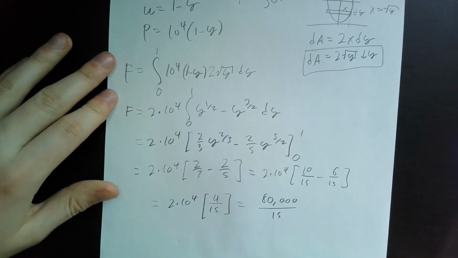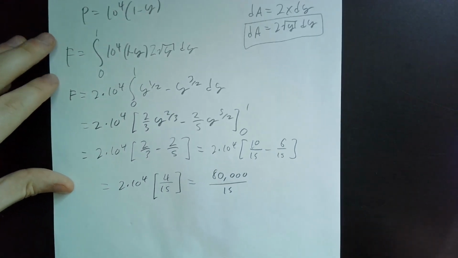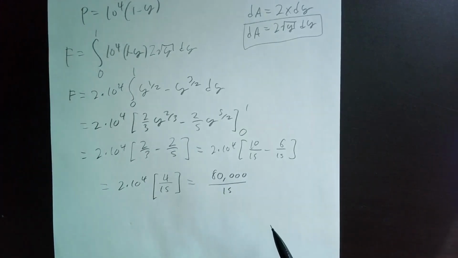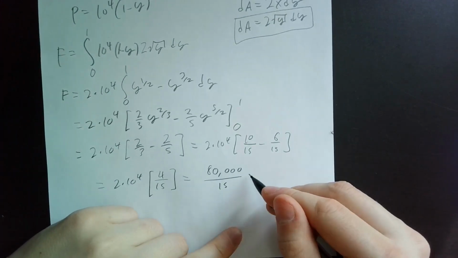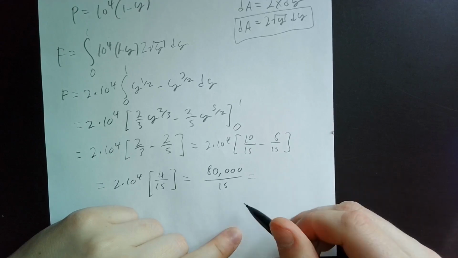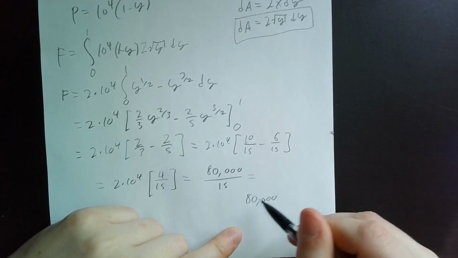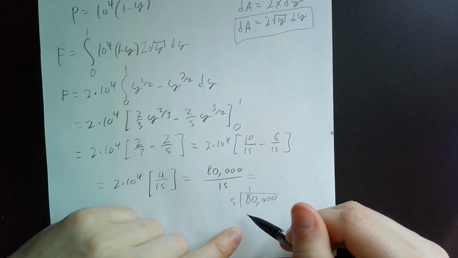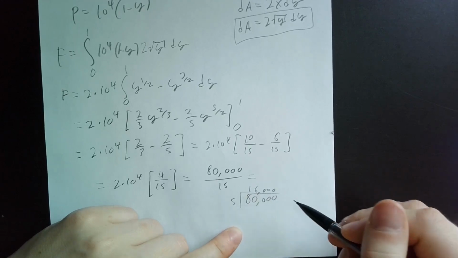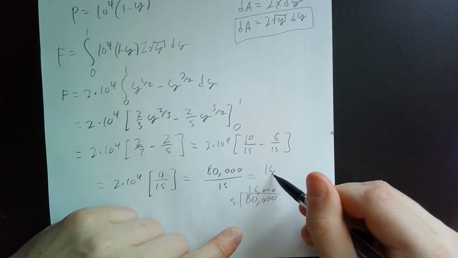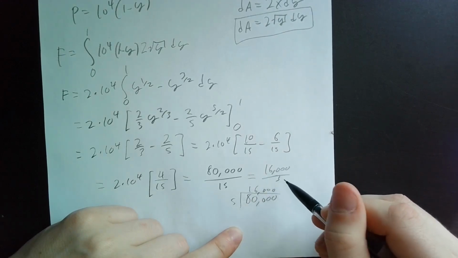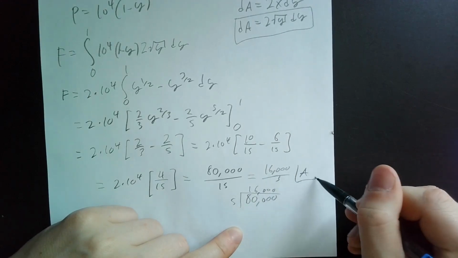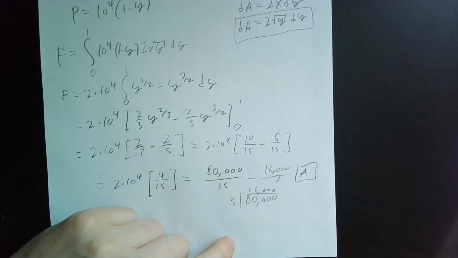None of our answers look like that, so we try to see, can I take out a common term between these two? And I can. That's a factor of 5, which if I do the math here, we get 16,000 over 3, which is answer choice A.